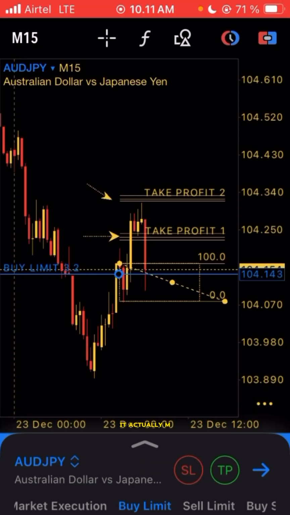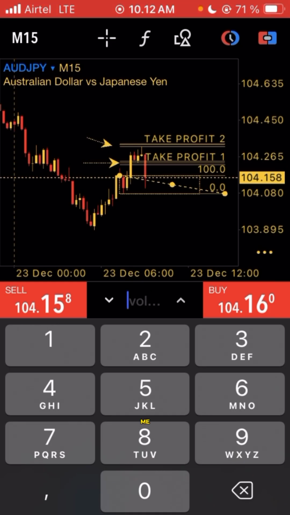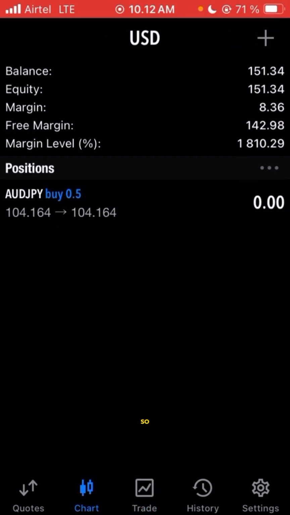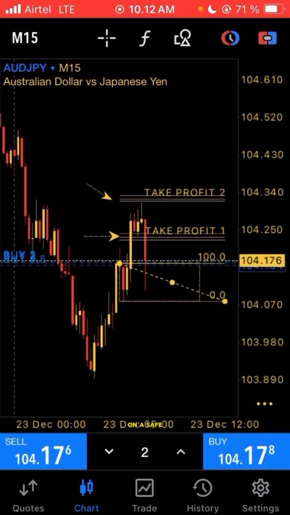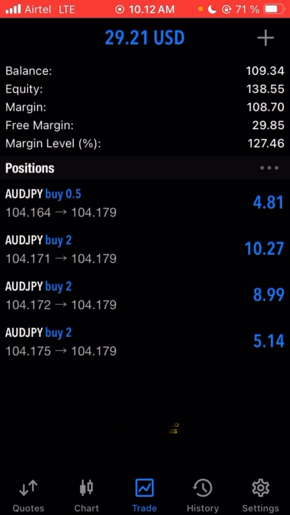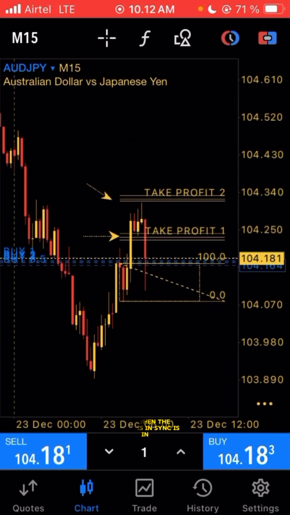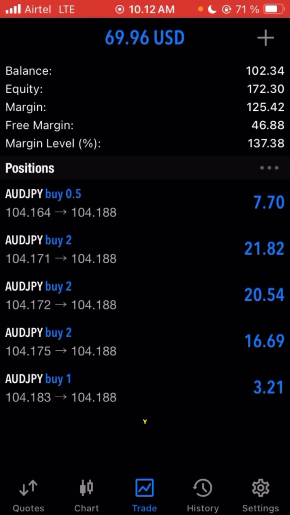It actually means when other pairs that are tied to US dollar are in sync, meaning they are moving in the same direction, they are in perfect coordination. So that is where you make sure that you enter on a safe zone and time your entries, because if you don't, even when the market is in sync, in harmony, for example, you are still going to have issues.